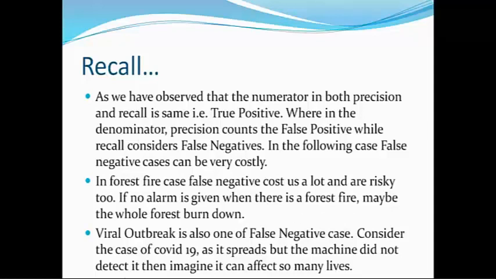A viral outbreak is also one of the false negative cases. Consider the case of COVID-19 as it spread out and the machine did not detect it. Imagine what will happen. False negative in this case will create a lot of problems for us.